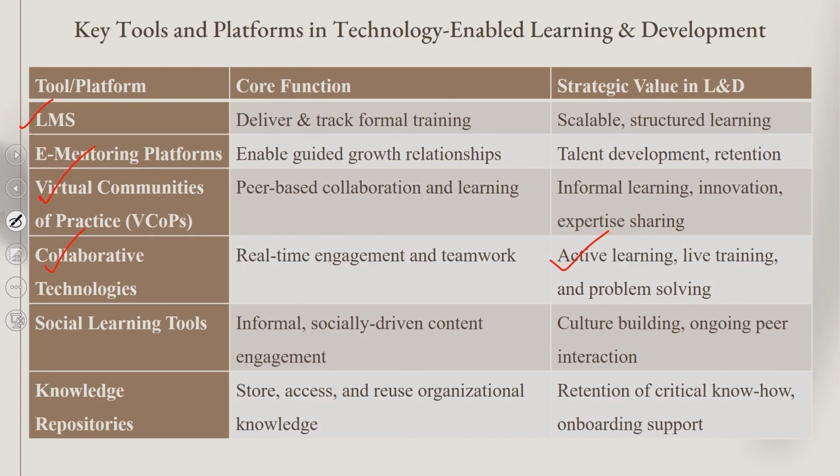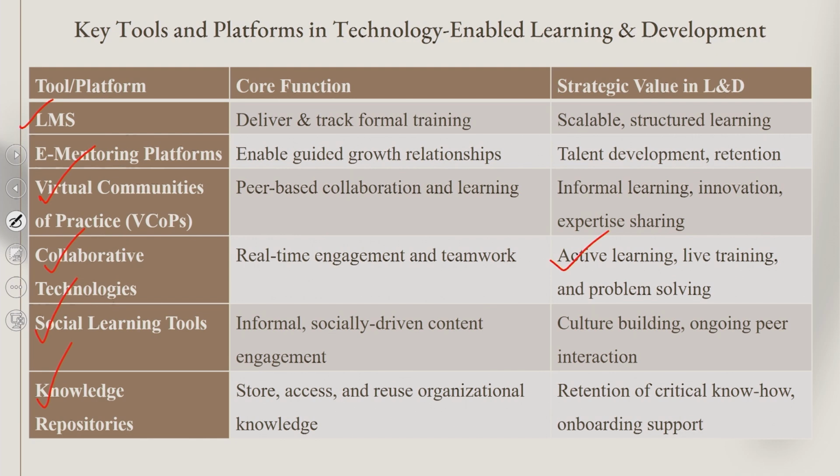You look into the social learning tools, you have informal, socially driven content engagement, whereas the strategic value in L&D would be culture building and ongoing peer interaction. Finally, the knowledge repositories, as we discussed, the core function would be to store, access, and reuse organizational knowledge.